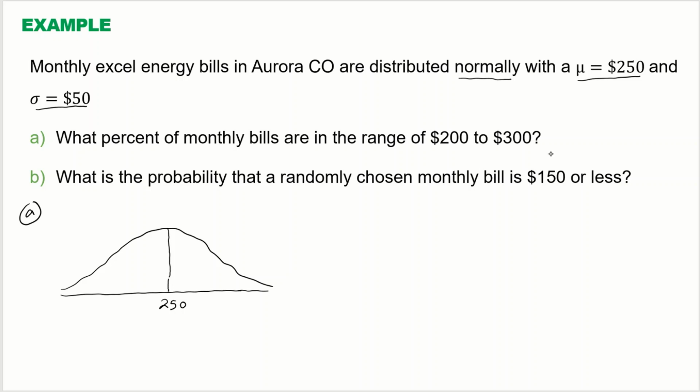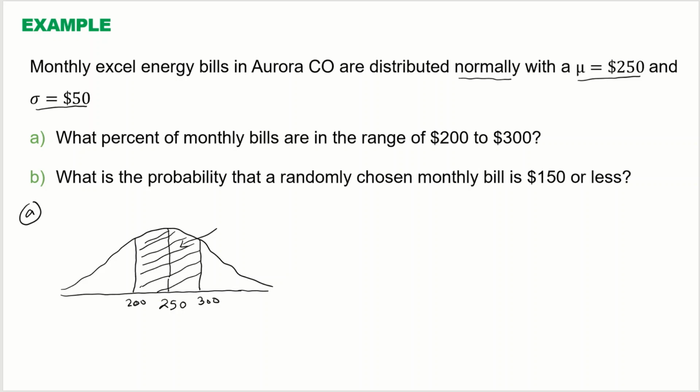So we go up by 50, so this will be 300. If you go down by 50, this will be 200. So you can see that for the first part, what percent of monthly bills are in the range of 200 to 300? 200 to 300 is this one, which is within 1 standard deviation.